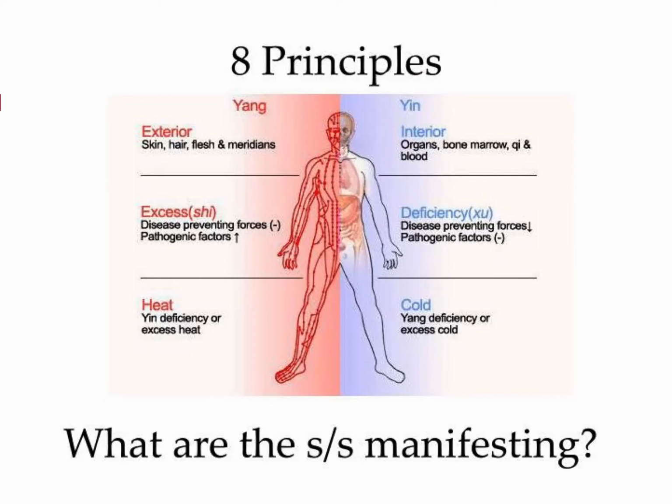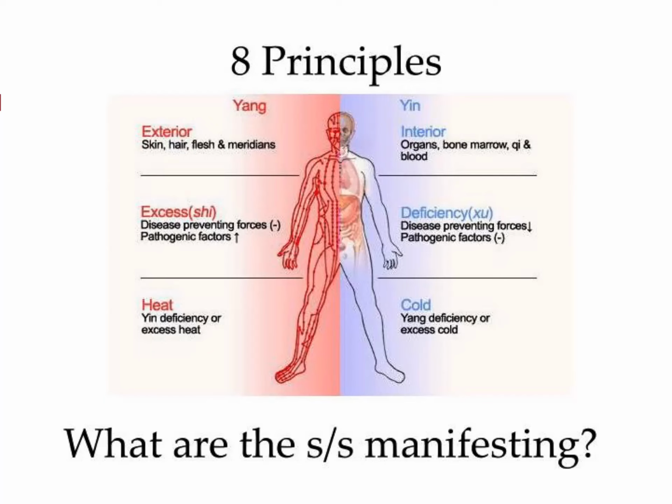Okay, so if it's excess, that means the disease-preventing forces are present, and there is an increase or presence of pathogenic factors. For a deficiency condition, the disease-preventing forces are diminished.